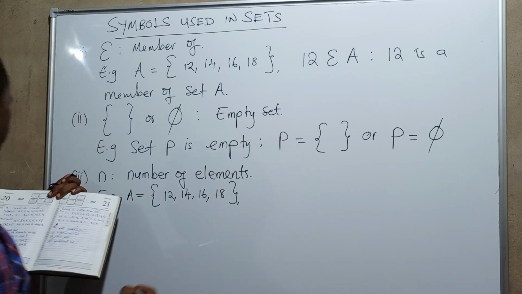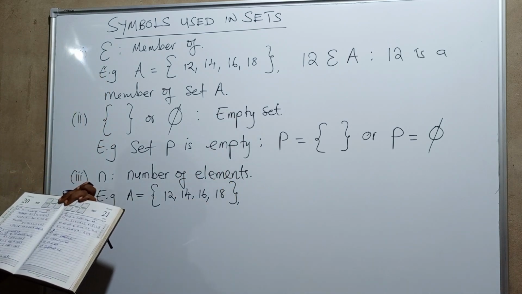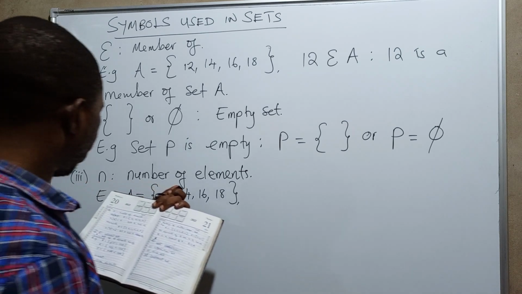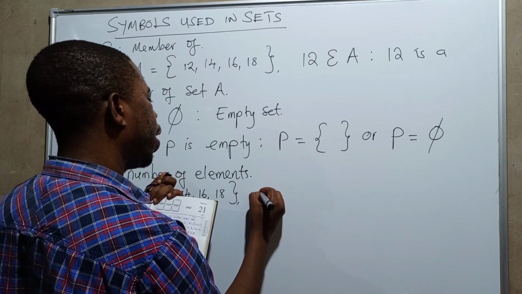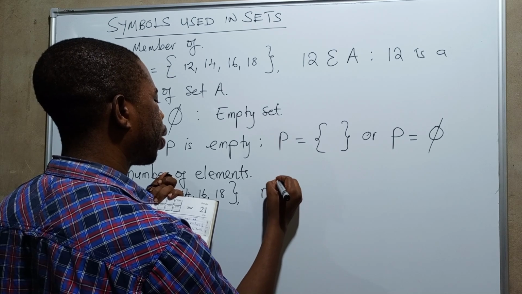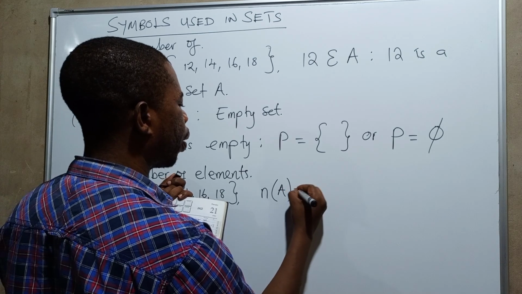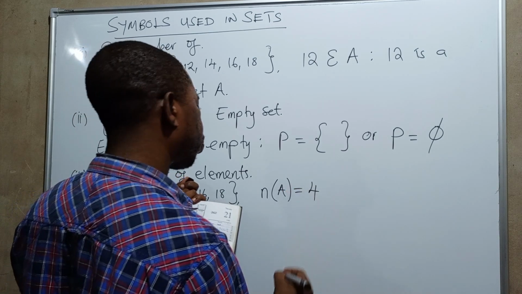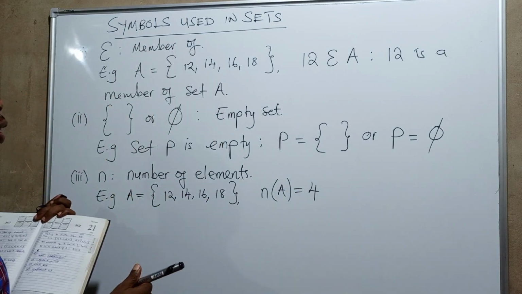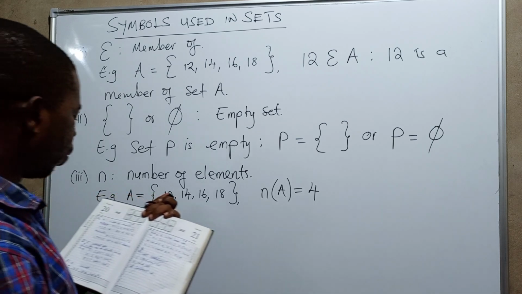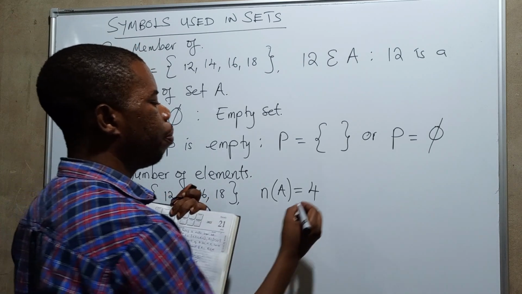Then we are saying that if we were to write N, then open brackets, we write A, then we write 4, this means that set A has four elements.